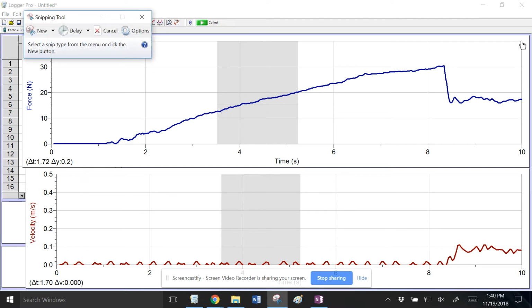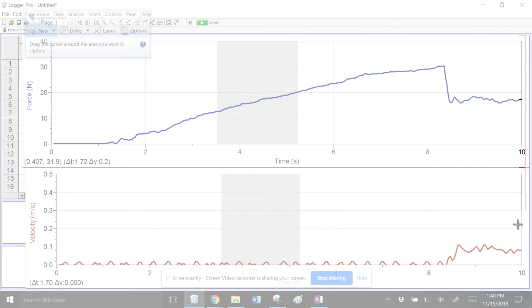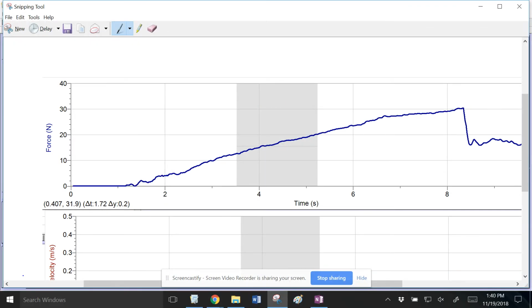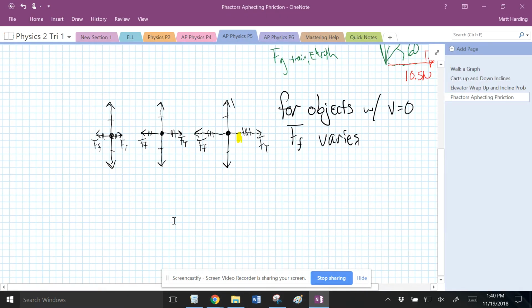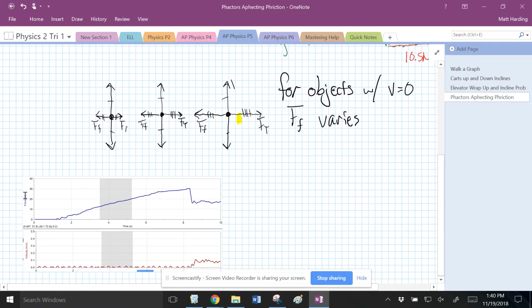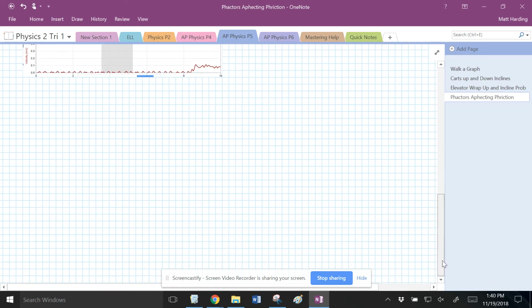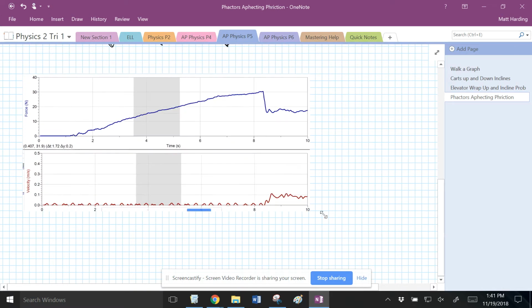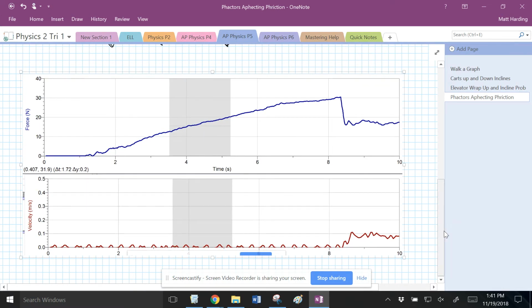If you look at these graphs, why is it doing that? Give me the snip to, oh, new. Perfect. Well, that's tiny. If you look at the graph, think about what's going on here in terms of the free body diagram of this thing.